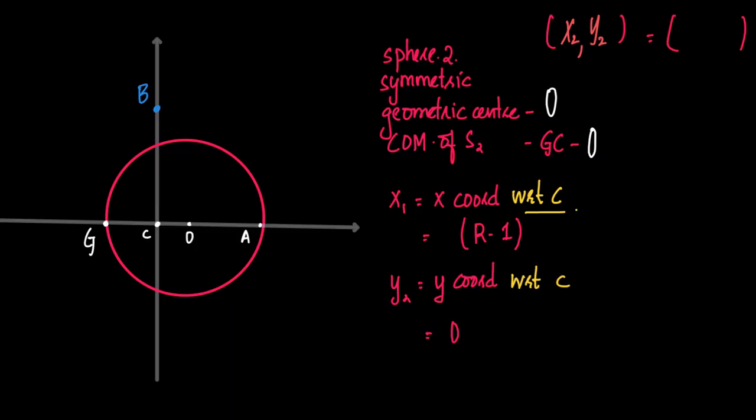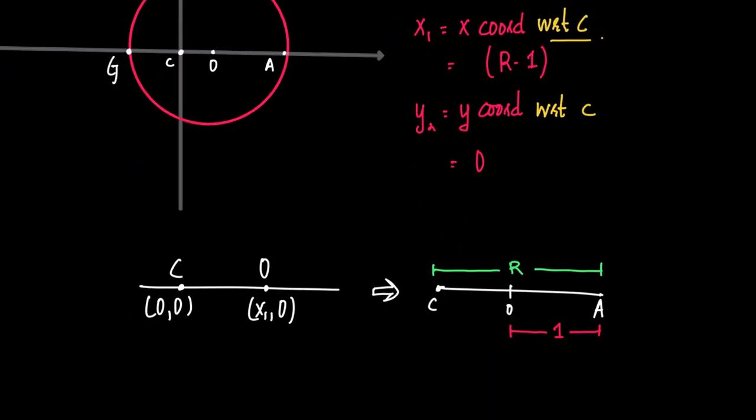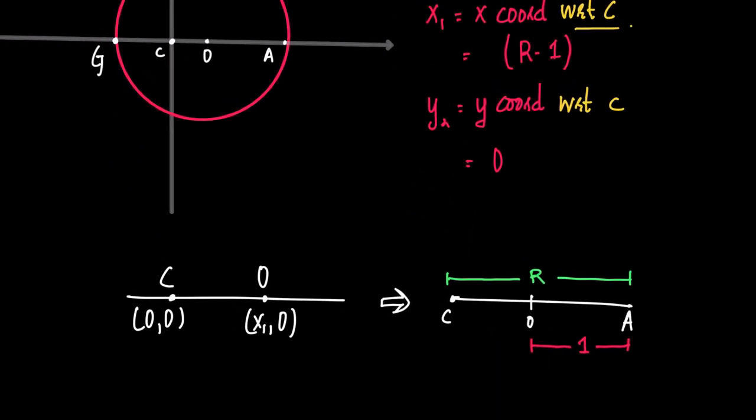Therefore, x2 comma y2 will be equal to r minus 1 comma 0. Yes, I can see that some of us may want much more clarity here.